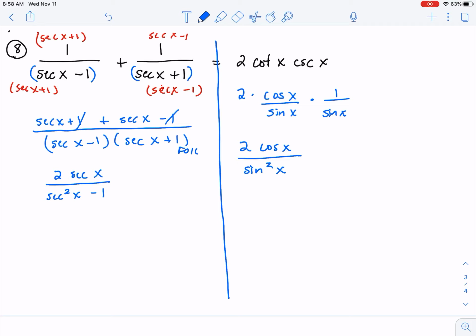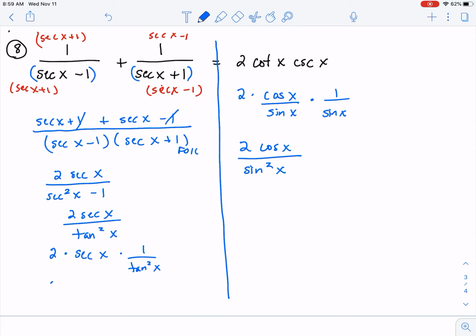Secant squared x minus 1 is the same as tangent squared. All right, well, let's see what we can do here. This is like 2 times secant x times 1 over tangent squared x.